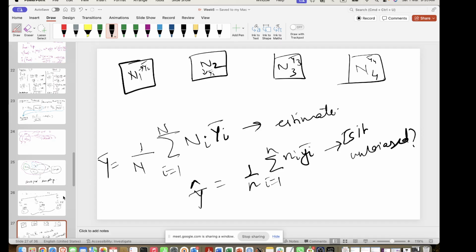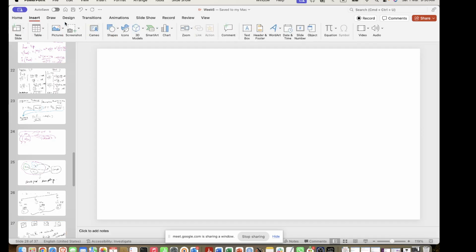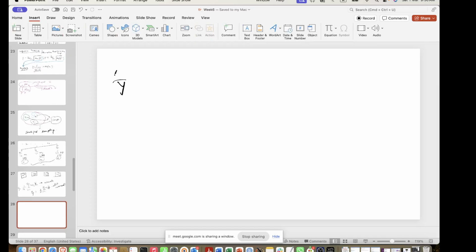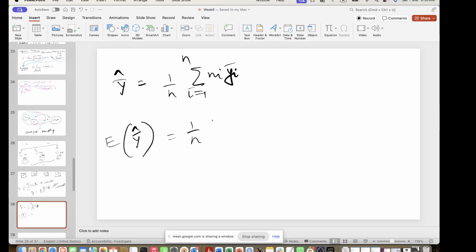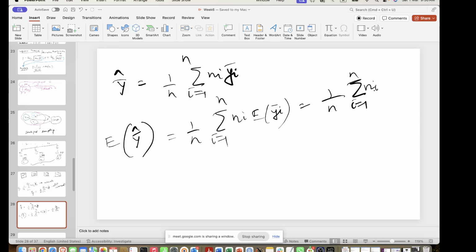Let us find out. If we take this as the equivalent sample form, then expectation of y bar hat is equal to 1 by n summation i equal to 1 to n of ni into expectation of yi bar. So this will be 1 by n summation i equal to 1 to n of small ni into capital Yi bar.